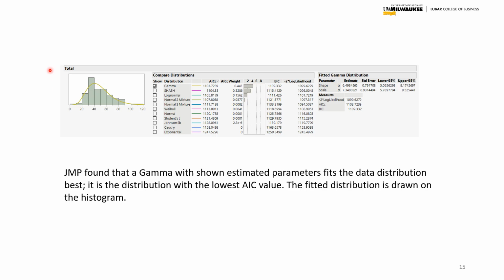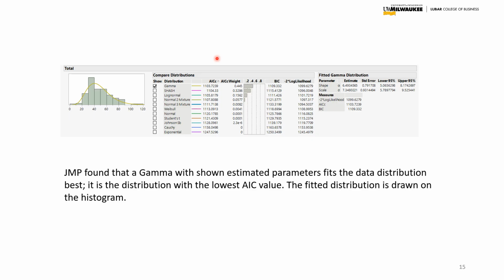With the red arrow option, I choose continuous fit and then fit all. What JMP will do is consider various distributions and see which of those distributions best fit the data. It's going to sort the choices and ultimately rank the choices based on AIC. Remember, smallest AIC is better.